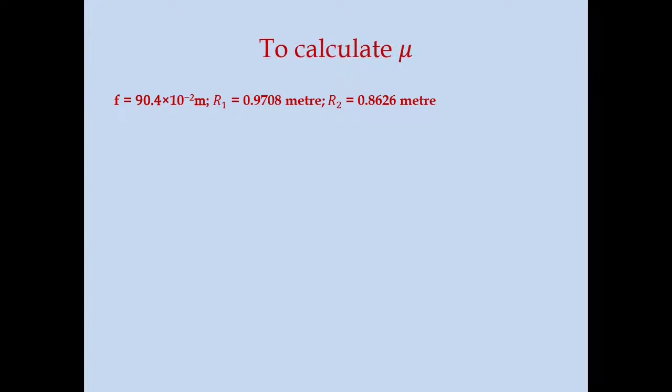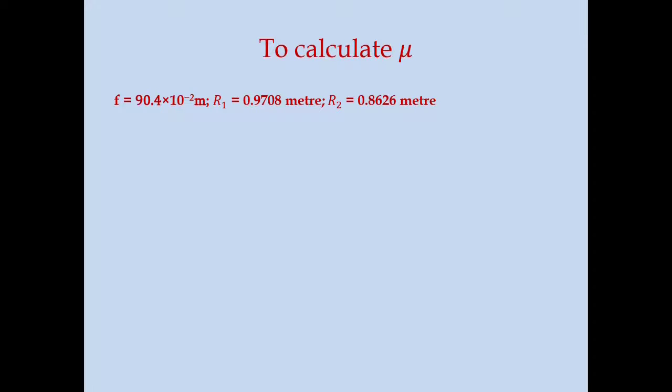And the focal length of the long focus convex lens used during the experiment, obtained by the autocollimation method, is f equal to 90.4 into 10 power minus 2 meter. Okay, now let us calculate the refractive index of the material of the convex lens used for forming the Newton's ring.